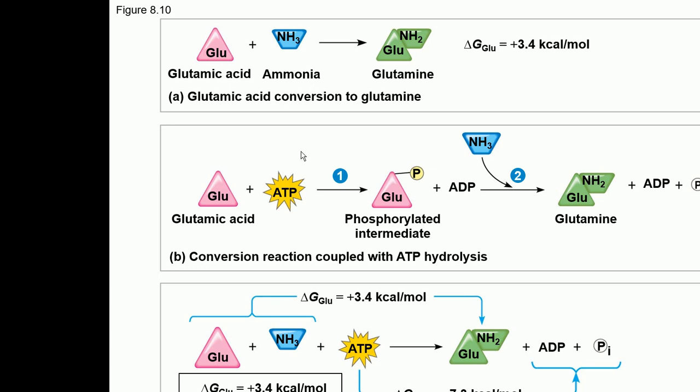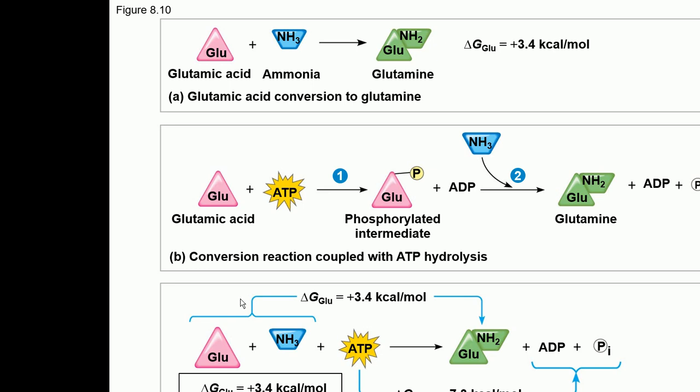And in the next step, this ammonia is going to react, and the phosphorylated intermediate of glutamic acid is going to be converted into glutamine, and ADP is already formed when ATP is broken, and inorganic phosphate is also released. So this is the way the reactions take place.